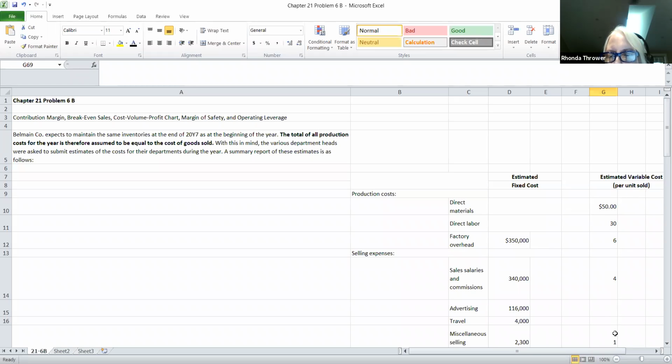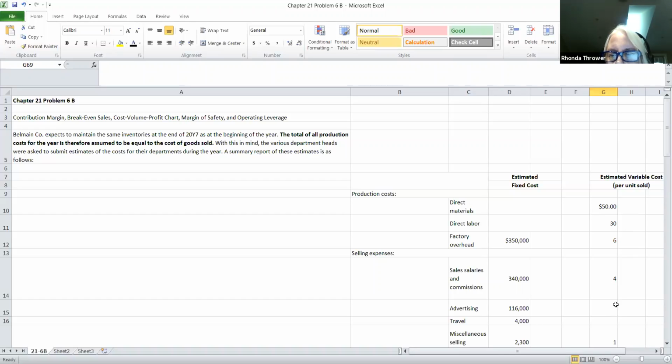All of these are per unit costs here. And the variable cost per unit, of course, we have learned stays constant and will not change with the level of activity. However, the total variable cost would change, but not the variable cost per unit.